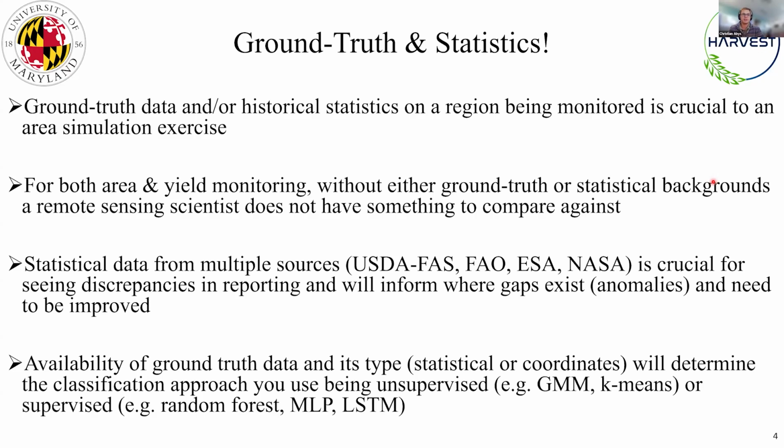These things are incredibly important because when you're producing your maps and your estimates, you need historical classifications and observations to then validate what you want to see in the future. Without this, if you produce something, you go, okay, I don't know what it is that I'm looking at. I don't know how well it is. I don't know what the performance is.